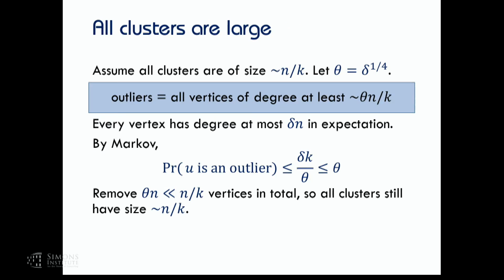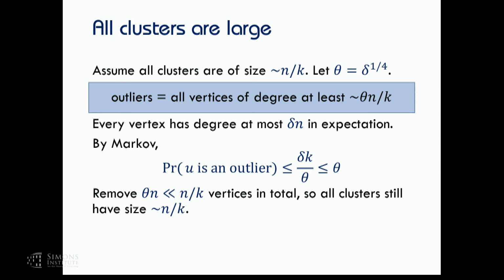Let's see how we find these outliers. Let's first assume that all clusters are large. So all clusters of size approximately n over k. And let theta be, loosely speaking, delta to the power of 1/4. Let's remove all vertices of high degree from our graph.